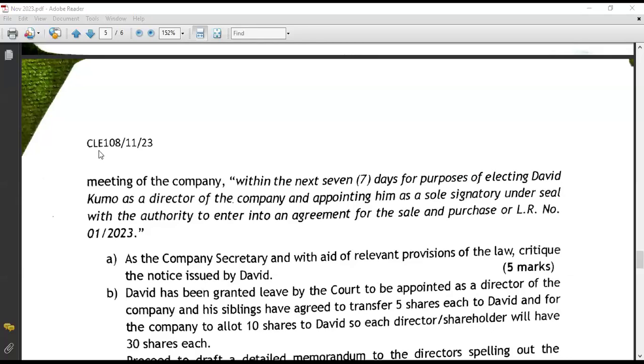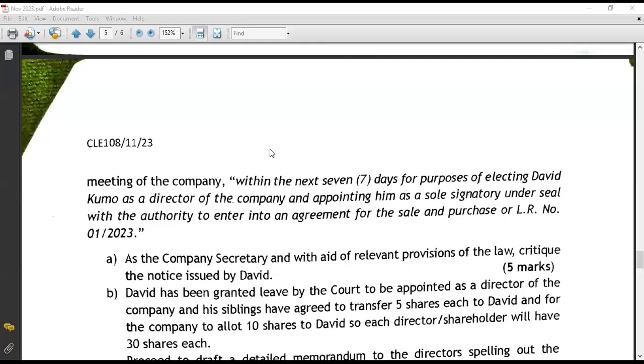Yes, that is the first point. Then the second point is without leave of court, and the section there is section 223(1) of the Companies Act.